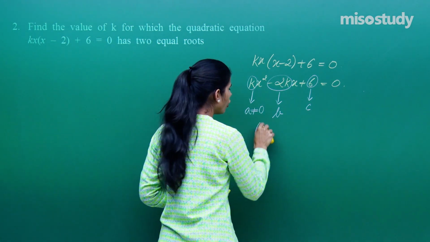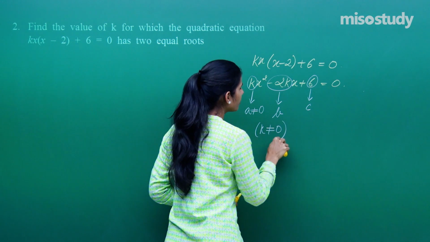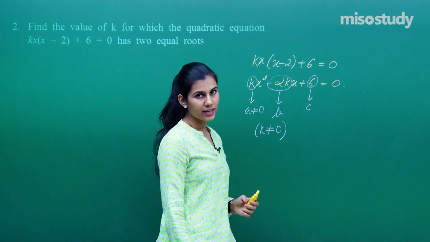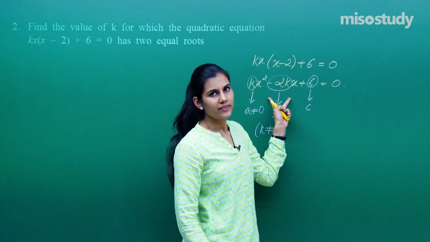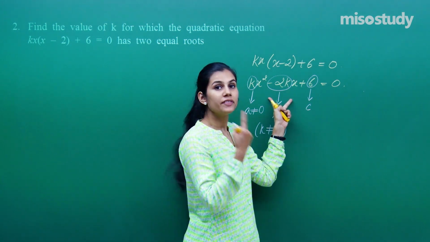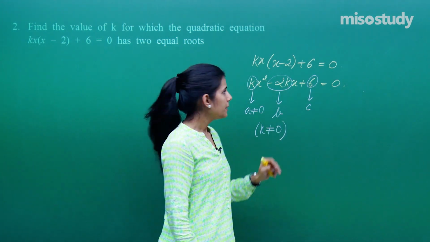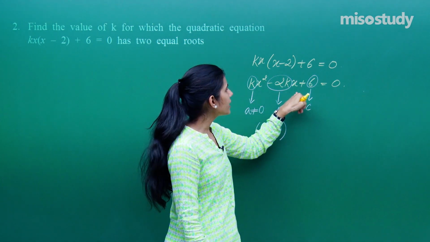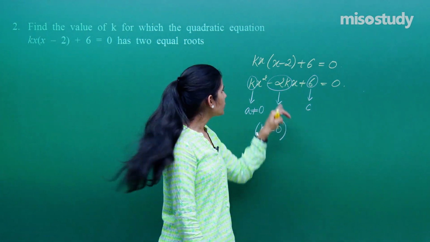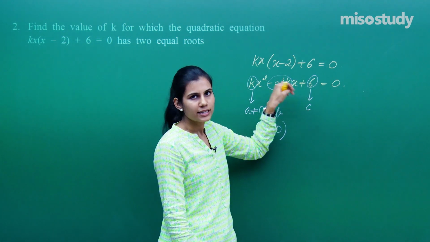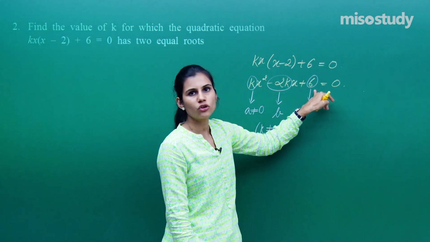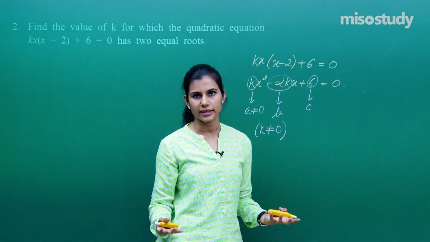That means for sure k is not equal to 0, because if k were equal to 0, the coefficient of x square would be 0, and the degree of the equation would no longer be 2, because it would be 0x square minus 2kx plus 6. Here also k is sitting, minus 2 into 0 into x gives 0, so you would just be left with a constant 6, which is definitely not a quadratic equation.